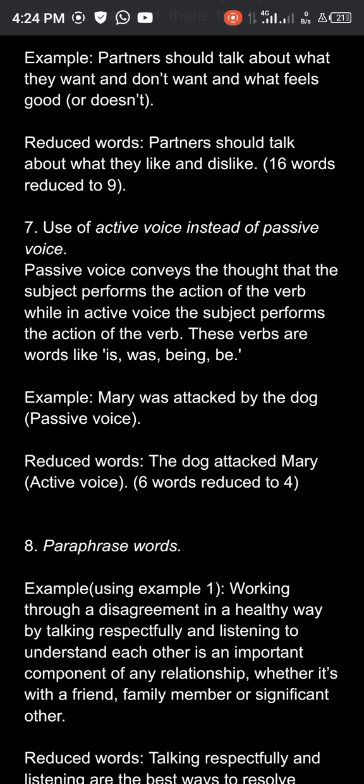Then the seventh tip we have there is use of active voice instead of passive voice. Passive voice conveys the thought that the subject is affected by the action of the verb, but in active voice it is the subject that performs the action of the verb.